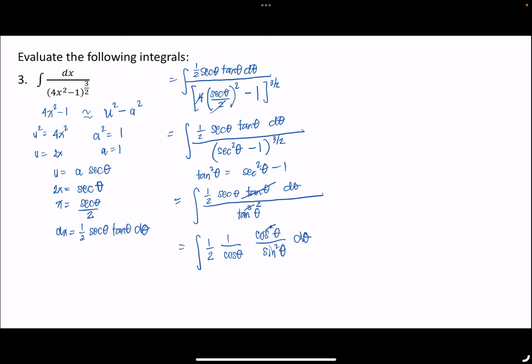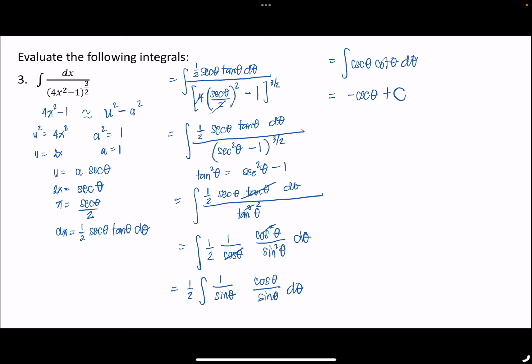We can cancel this out and then separate the sine thetas. So we have 1 over sine theta and cosine theta over sine theta d theta. So the integral would be the integral of cosecant theta cotangent theta d theta, the integral of which is negative cosecant theta plus c.